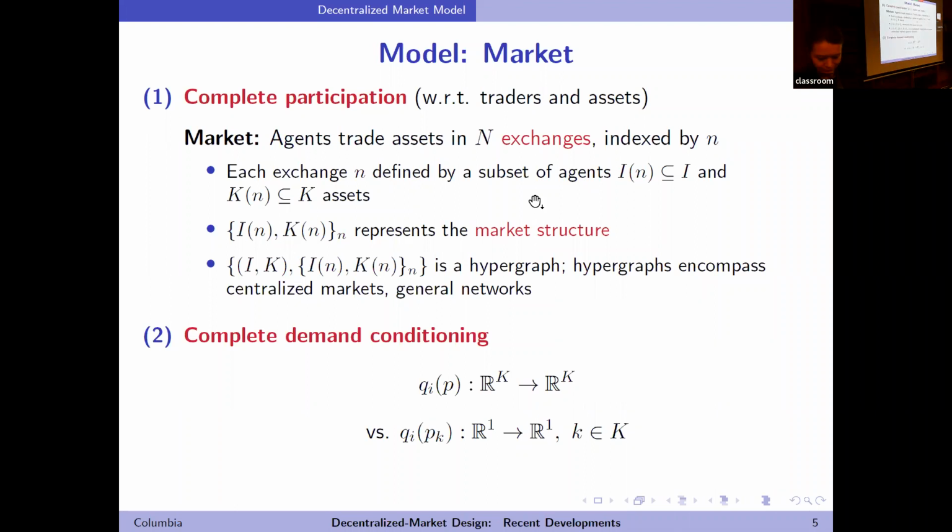But absent assumption 1, it is sort of complete demand conditioning, in the exchanges where you participate only. So the co-domain is the exchanges where I participate only, but as far as the domain, in principle, the world is relevant to the choices I might want to make.